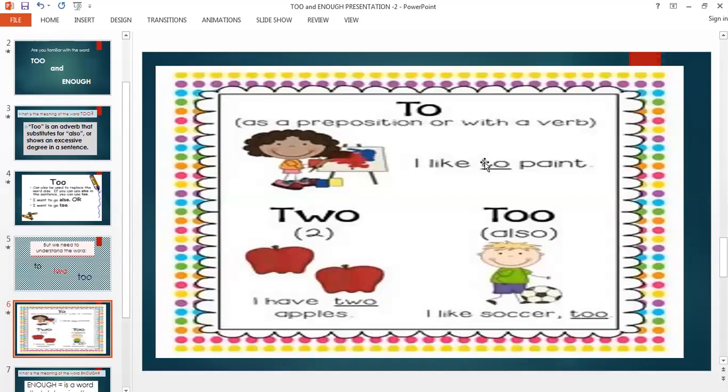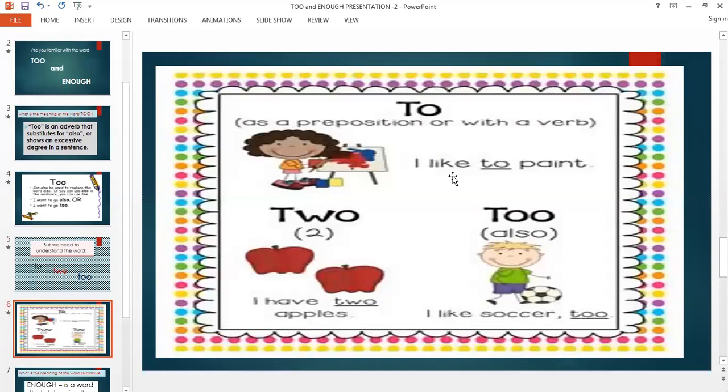Now, when we say preposition, a preposition is a word that gives direction to the sentence. As you remember from the past lessons that we studied regarding the subject pronoun and object pronoun, "I" here is a subject pronoun.